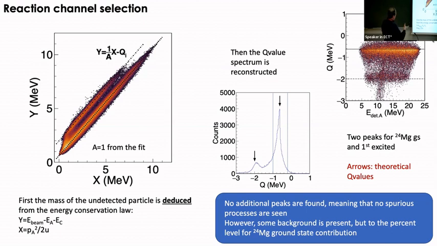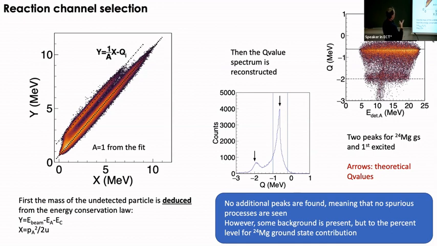If you do the math, you get that all your events should gather along this line if, of course, they obey this energy conservation law. That is the one for your reaction. If they don't satisfy your energy conservation law, it means that you are not correctly identifying your channel.